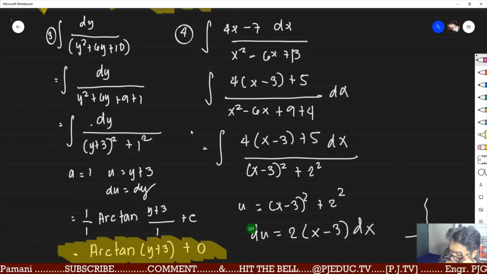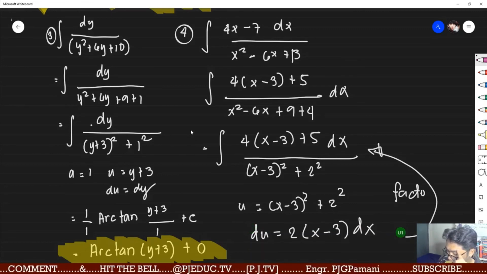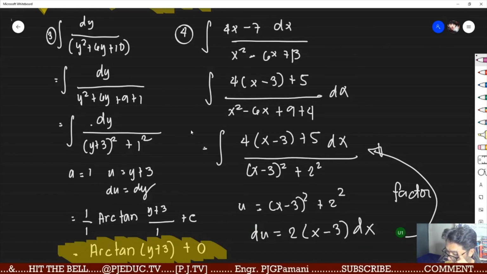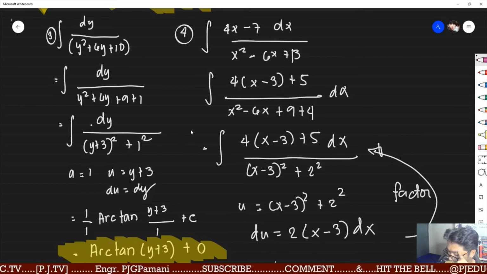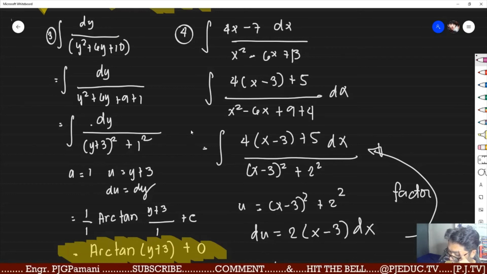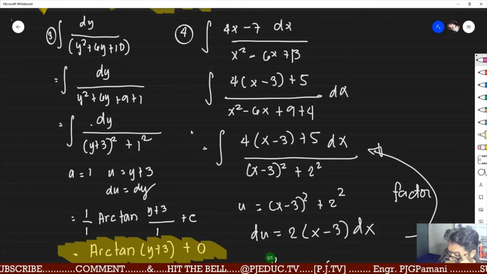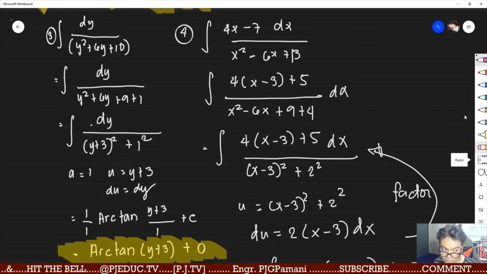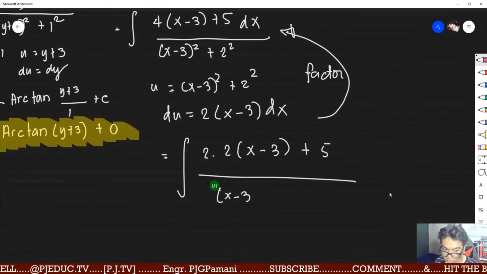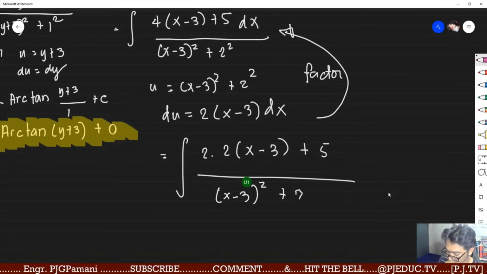The factor form ng ating numerator is simply equal to 2 times 2x minus 3 plus 5 over x minus 3 squared plus 2 squared.